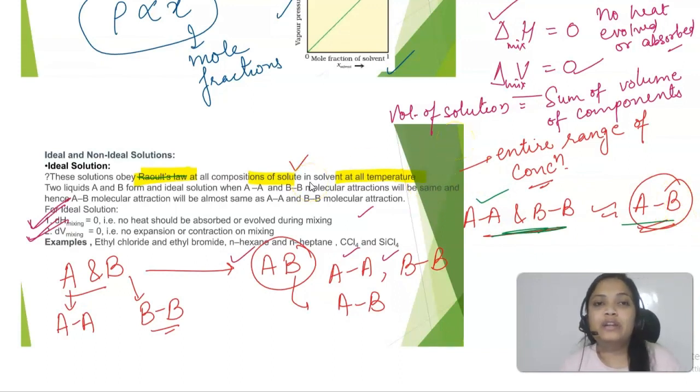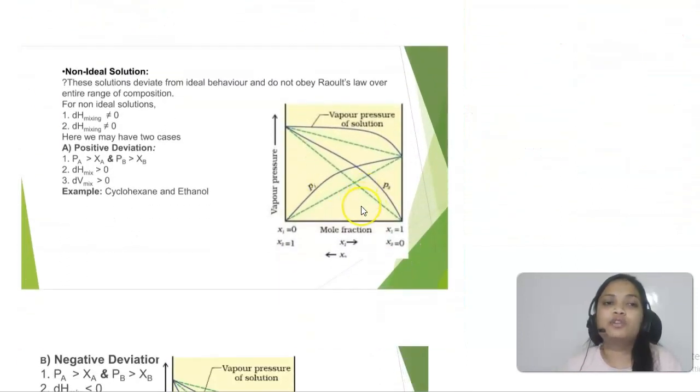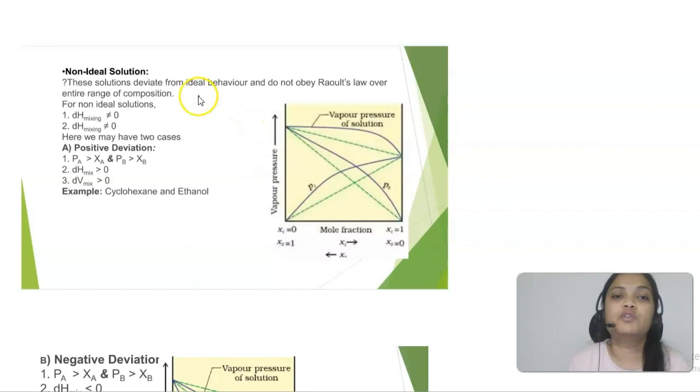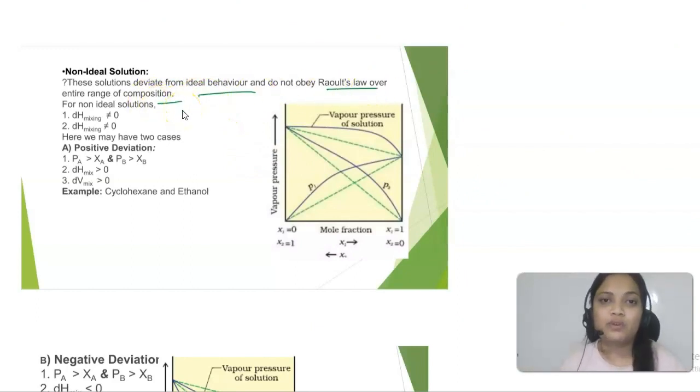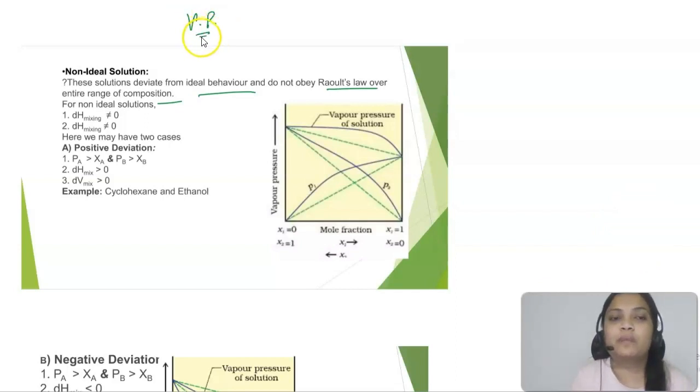Now, what is a non-ideal solution? You might have got an idea, students, that a non-ideal solution is one which does not obey Raoult's law over the entire range of composition. Just now we discussed Raoult's law, that the vapor pressure or partial pressure of each component is directly proportional to its mole fraction.